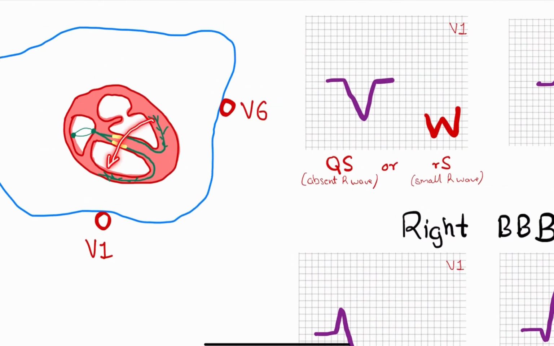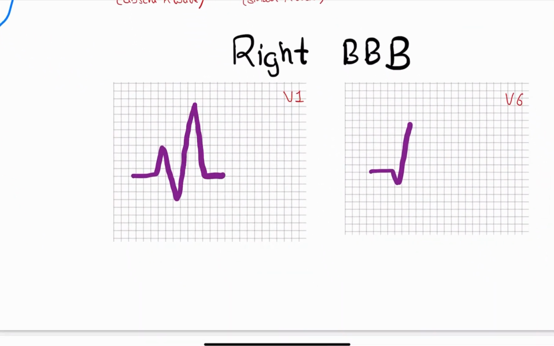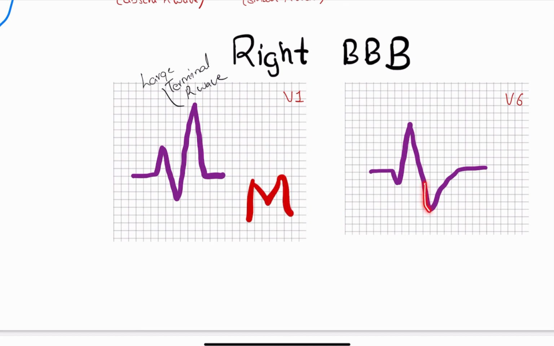Again, in the late stage, these signals will now move towards the right ventricle. So positive on V1 and negative deflection on V6. So lead V1 ends with a large terminal R wave. The terminal R wave will be larger in lead V1, giving it an M shape. In lead V6, there will be a slurred S wave, giving it a W shape.